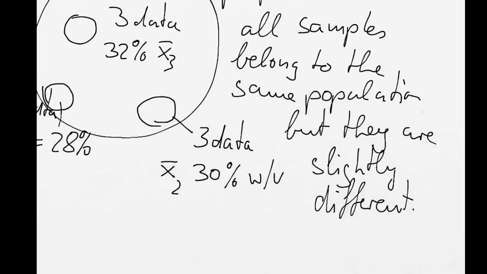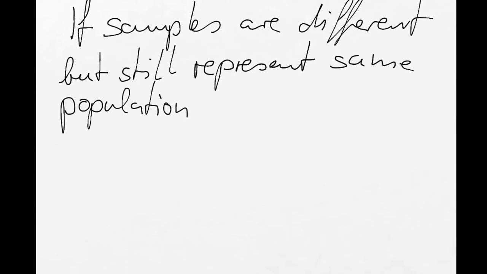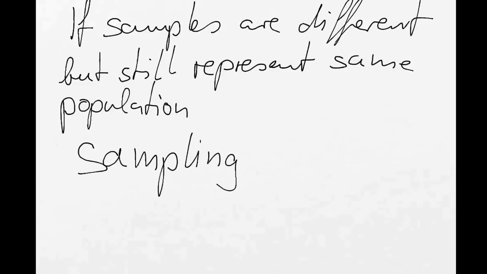But actually, if the samples are different, but still represent the same population, then this is called sampling error.